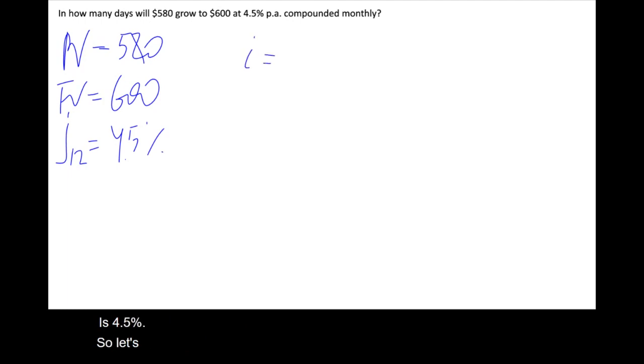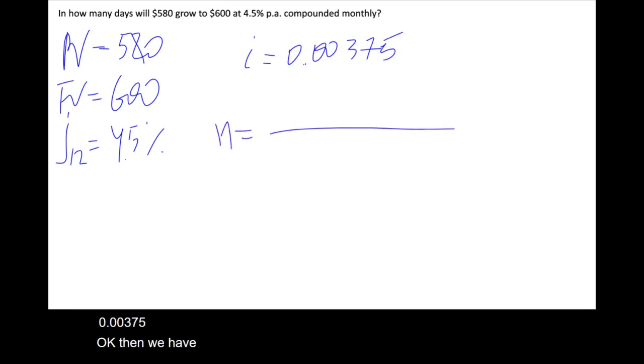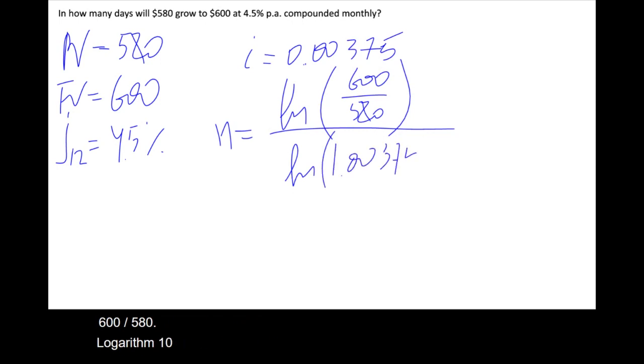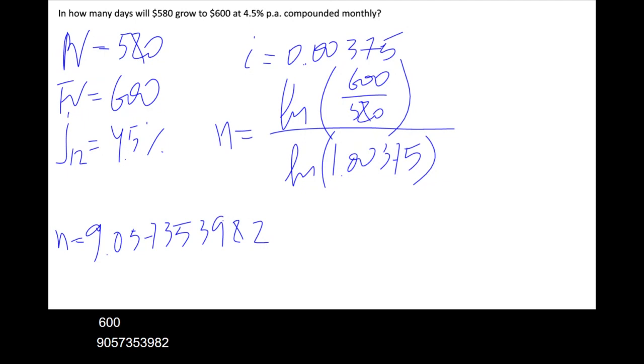Let's calculate I first: 0.045 over 12, that's 0.00375. Then n equals logarithm of 600 over 580, divided by logarithm of 1.00375. That gives 4.057353982. Question: what units for n here?